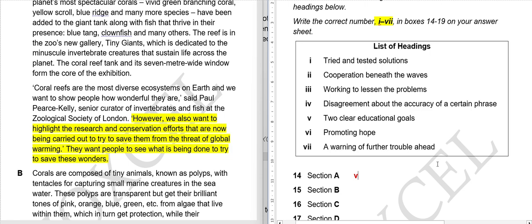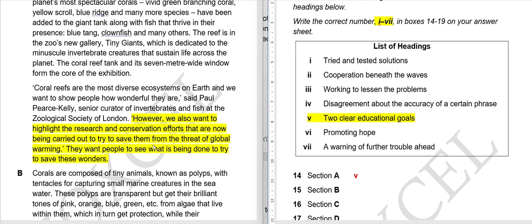So the fifth option is two clear educational goals. So this is our answer. Let me mark it. Two clear educational goals. Can you tell me where it is written? Yes, they want to highlight the research and conservation efforts.